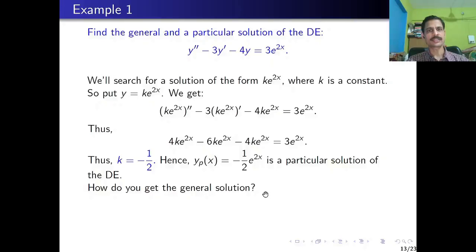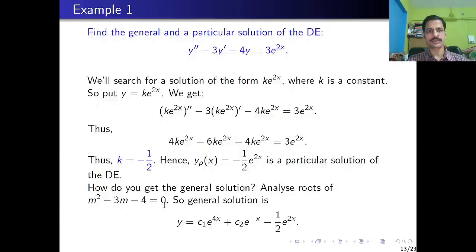So how to get the general solution? For that we have to find the general solution of the associated homogeneous ODE, so we look at the roots of its characteristic equation. That will be m square minus 3m minus 4 equal to 0, and from this we get the roots 4 and minus 1.